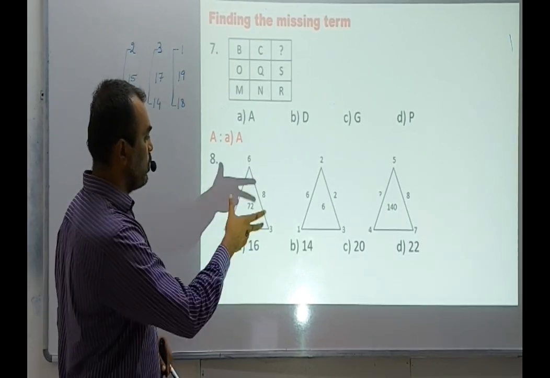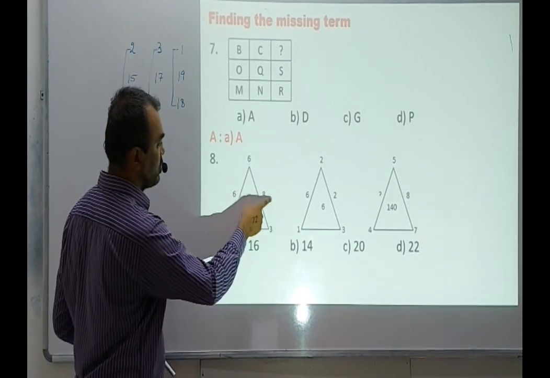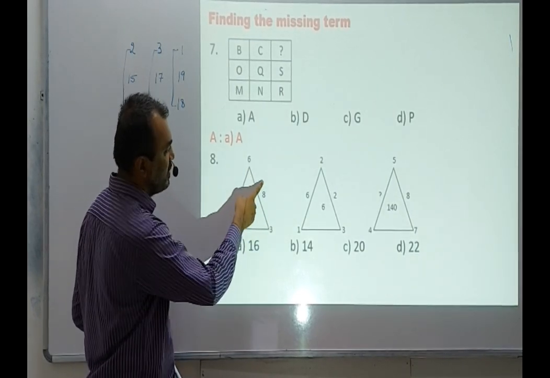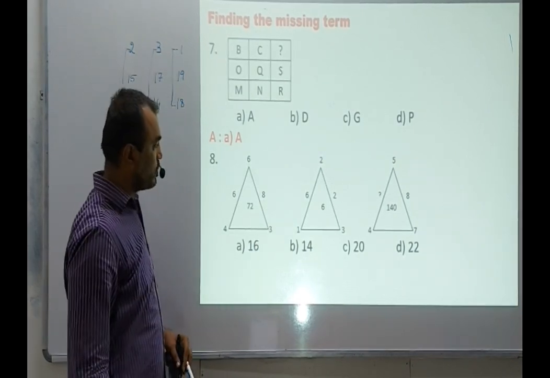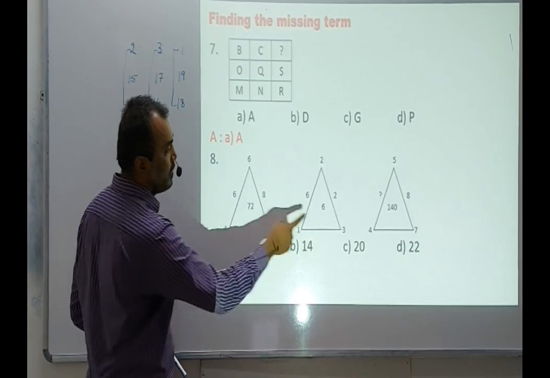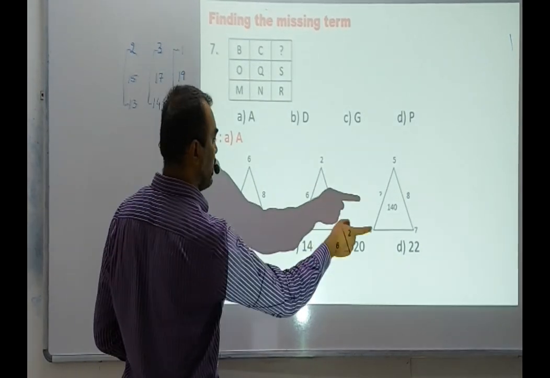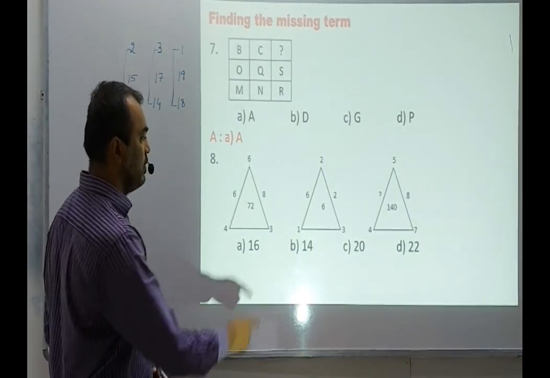Done. What about the remaining numbers? Any relation between 3 and 6, 4 and 8, 1 and 2, 3 and 6, 4 and 8? Any relation? What you can see?